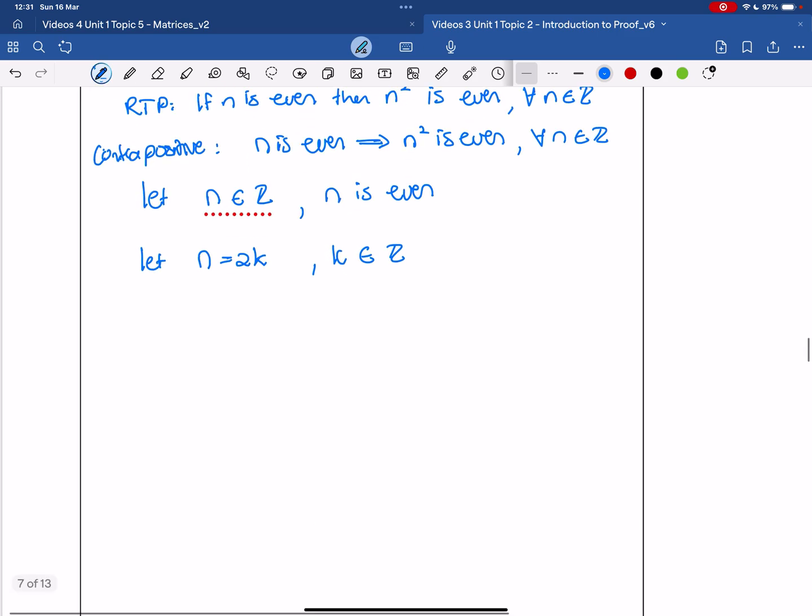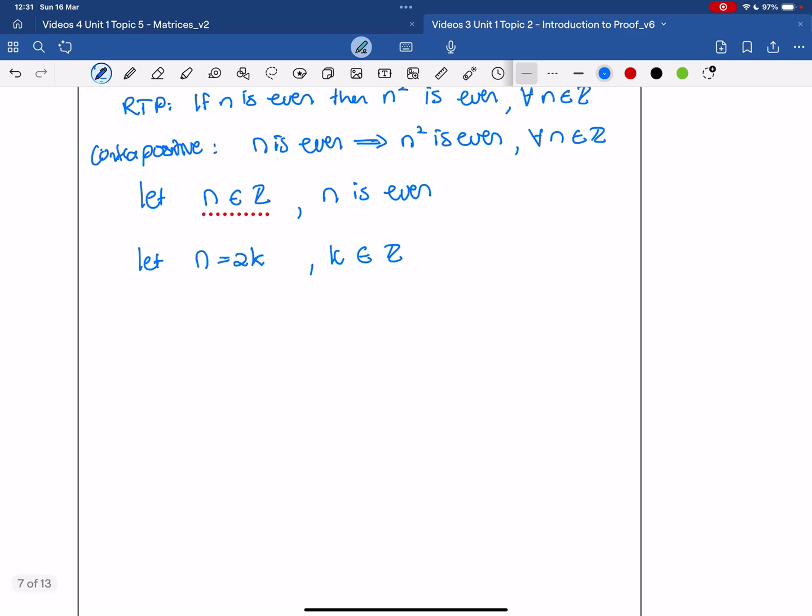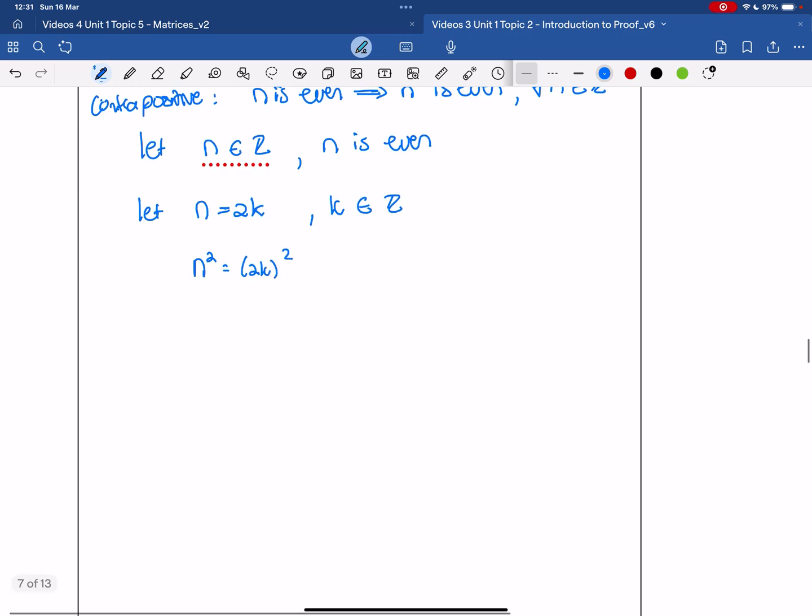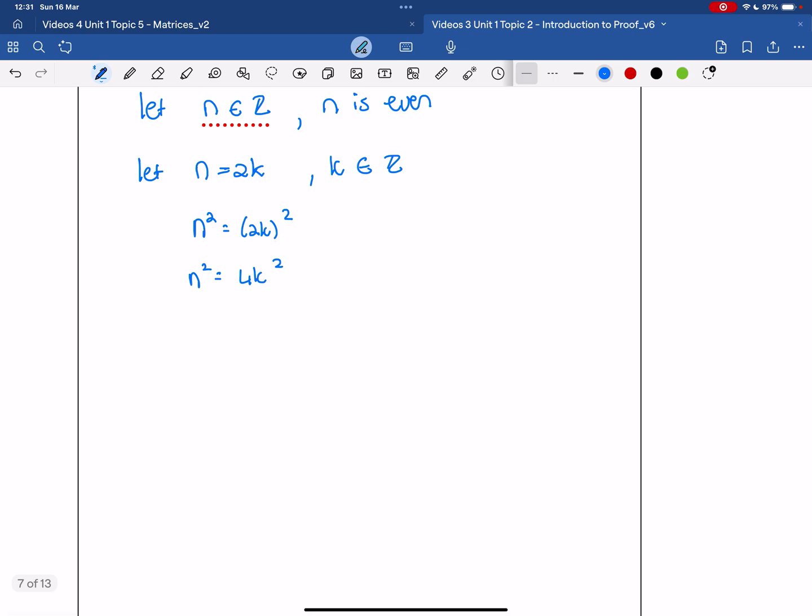Okay, and let's square both sides. So I'm going to have that n squared is going to be (2k) squared, so that n squared is going to be 4k squared, and I can take out a 2 there, so it becomes 2 times 2k squared.